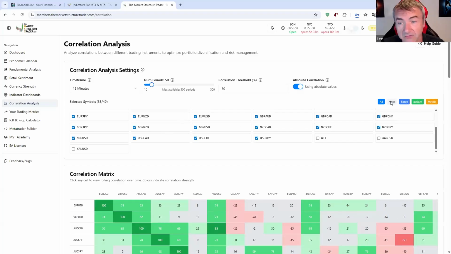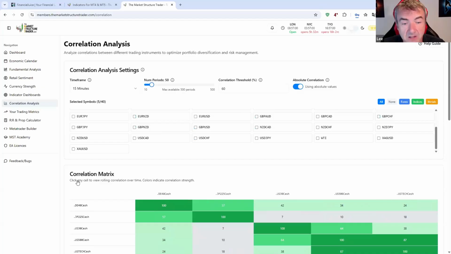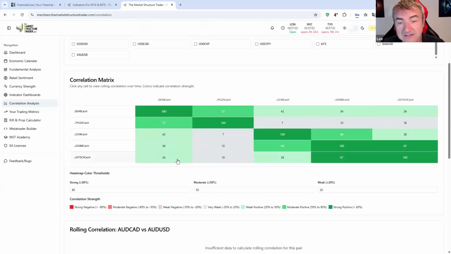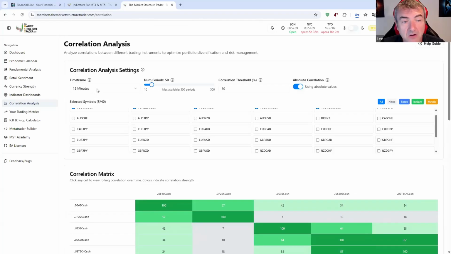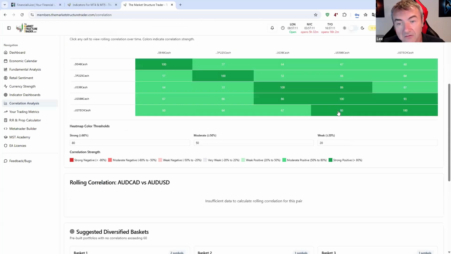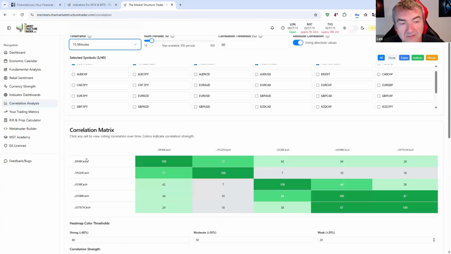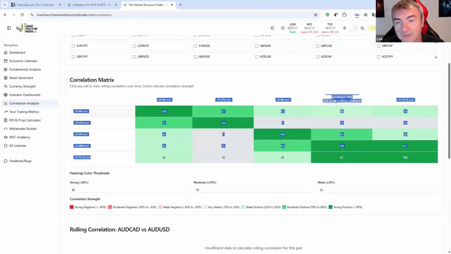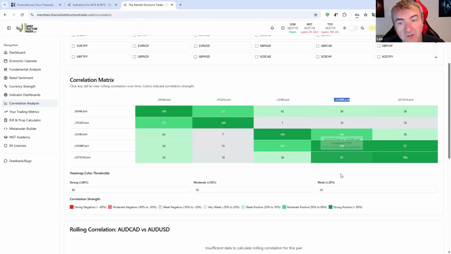For example, as we just talked about with indices, we know that the NASDAQ and the S&P 500, 87% of the time move together. So when the market opens, or rather on the daily, it's higher than that, it's 93. So when the market opens, if we're looking at a 15-minute time frame, we suddenly see the NASDAQ and the S&P out of correlation, i.e. they've diversified away from each other and are around about 50, 60% correlated, we know that they're going to come back into line at some point shortly.